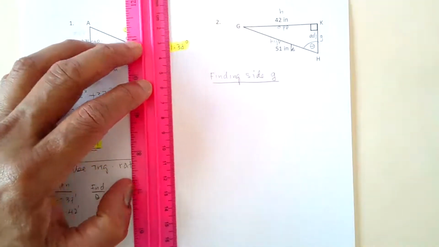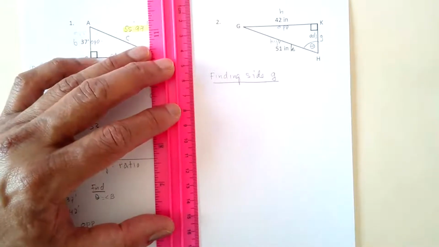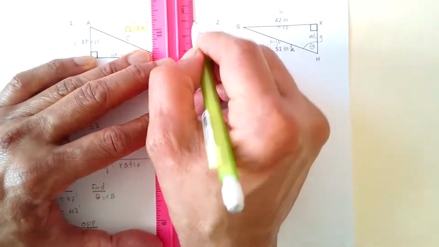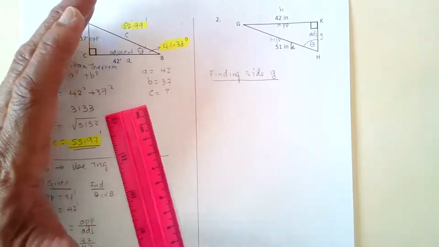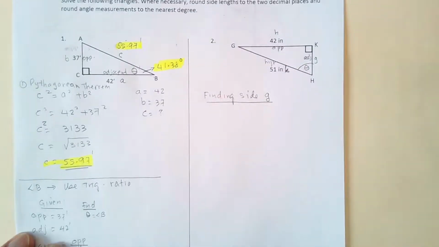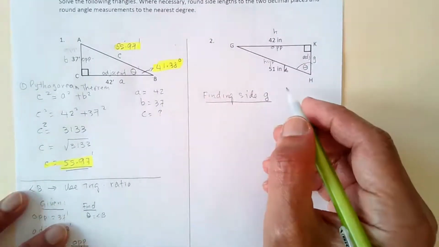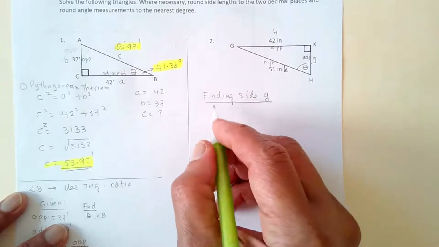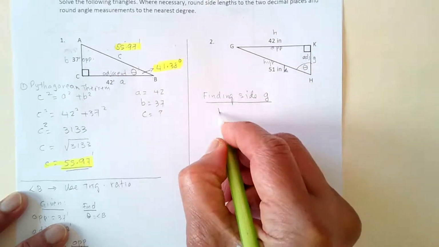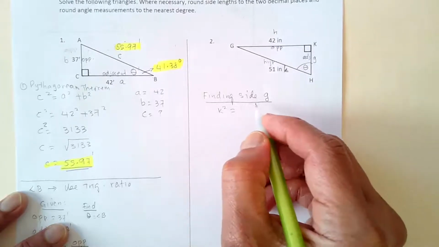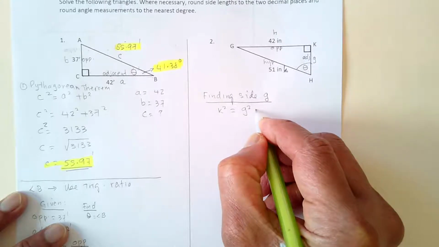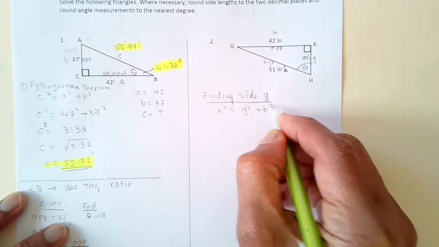I'll just straight line them here. So we'll use the Pythagorean theorem, which in this case is k squared is equal to g squared plus h squared.